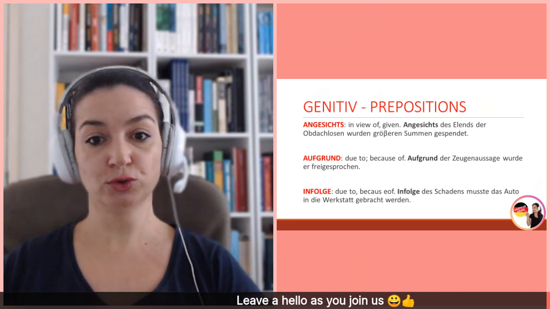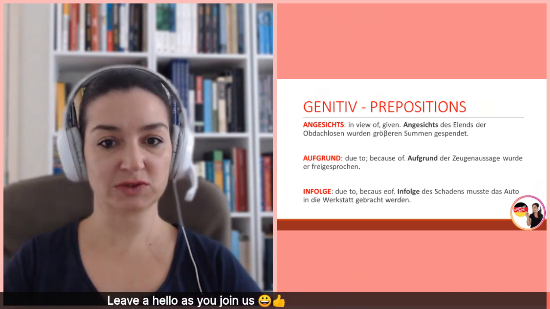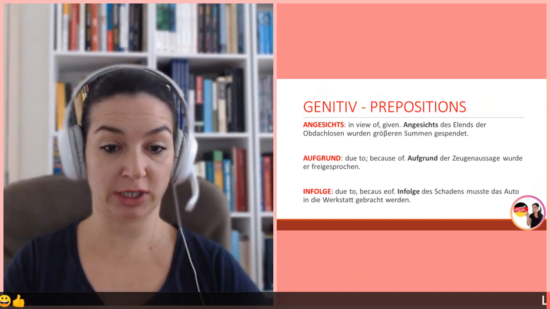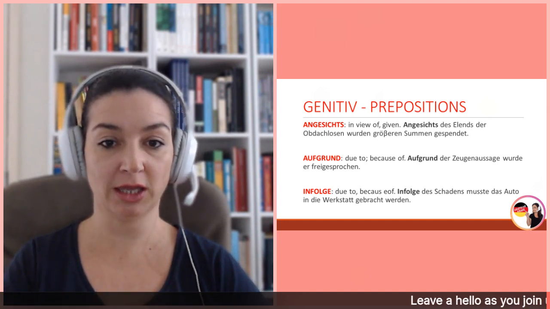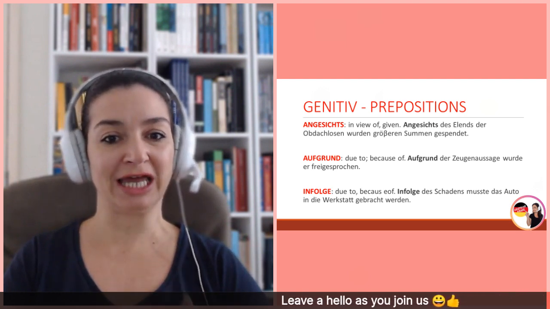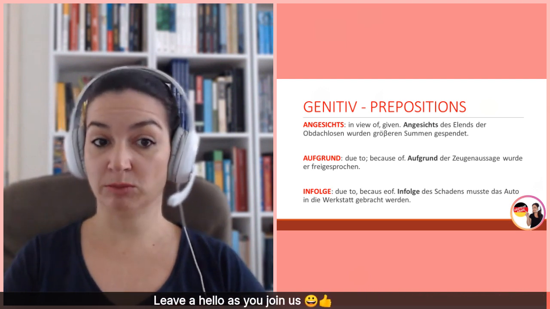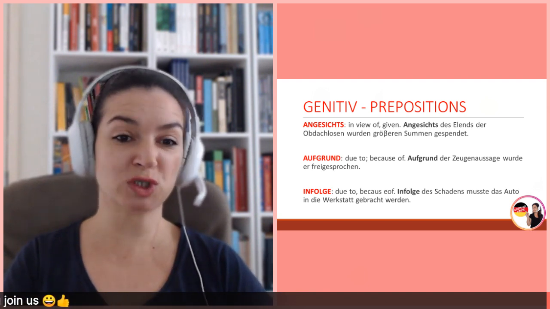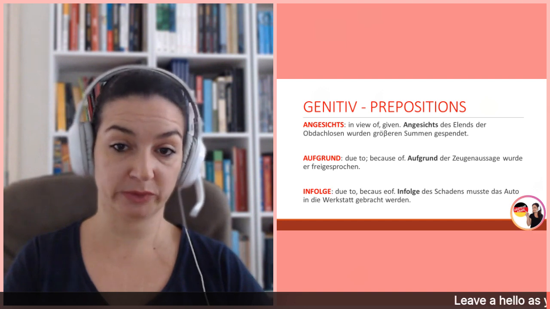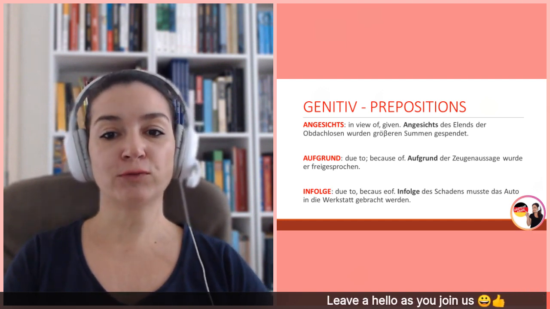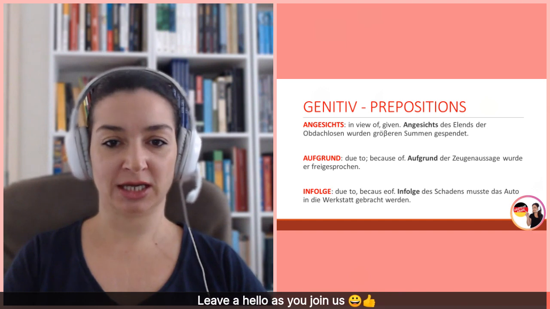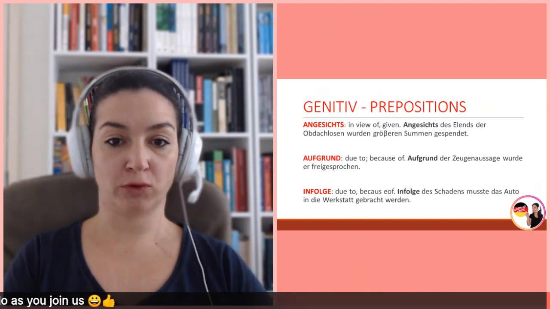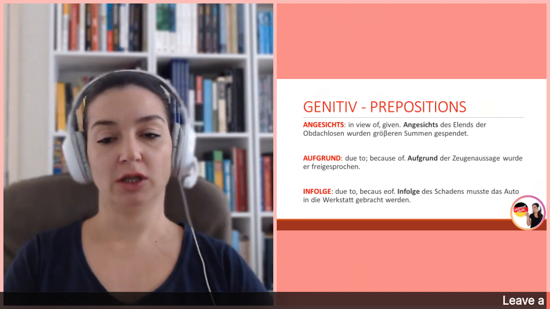Aufgrund, due to, because of. As you will see, there are some mistakes here. I'm going to change them before I send you the PDF later. Aufgrund and infolge are similar, even synonyms, so you could choose which one you would like to use in a sentence. Aufgrund der Zeugenaussage wurde er freigesprochen.